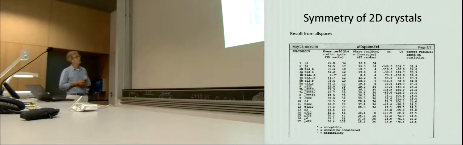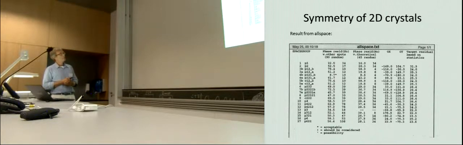phase residual here. If it's a P2, it should have phases 0 and 180, and this is compared here in the phase residuals versus the theoretical possibilities of 0 and 180, where 45 degrees would be the random value. Here it's 26.3 for 34 comparisons, and this is the phase origin here, coordinates in the phase origin.